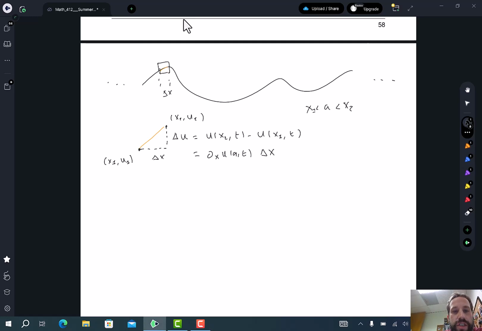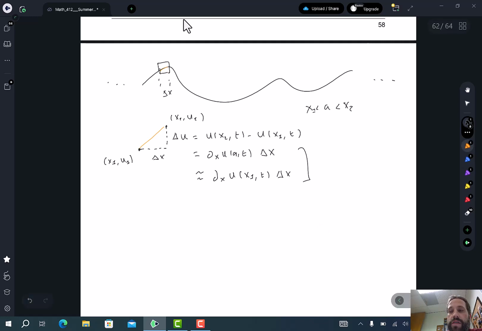Now I'm going to do the approximation. We assume there are only small deviations in the string. One way to think about this is that the derivative is continuous, even differentiable. So this can be approximated as the derivative evaluated at x1.